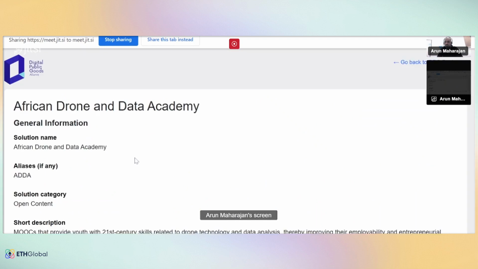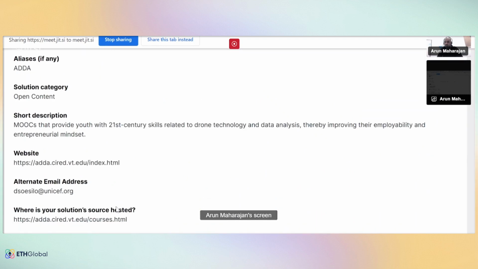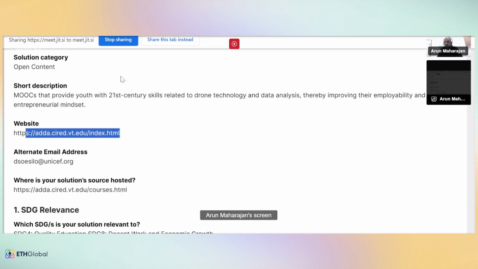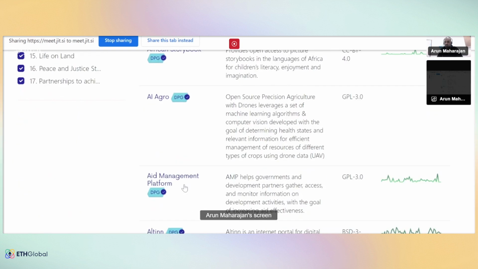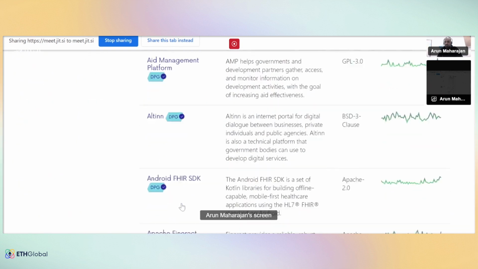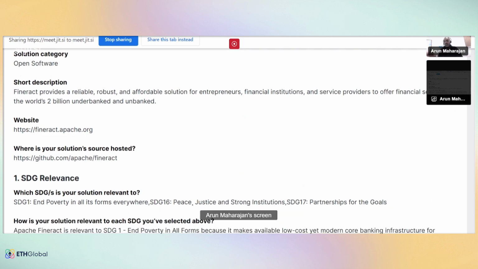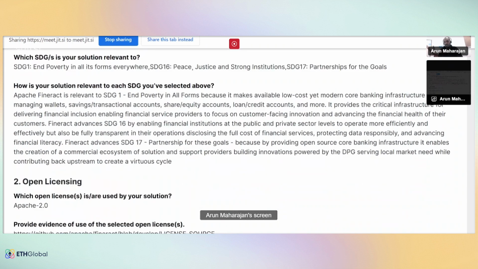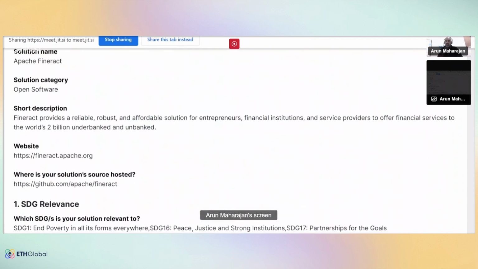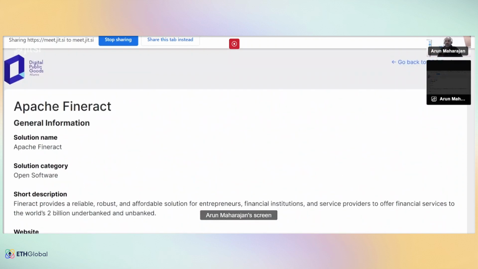You take this one, for example, and this is about content. Okay, at least there is a website. This one also has a website and it has a repo. So essentially there are links here which point to their code base, and of course there is a full explanation of what this project is about.